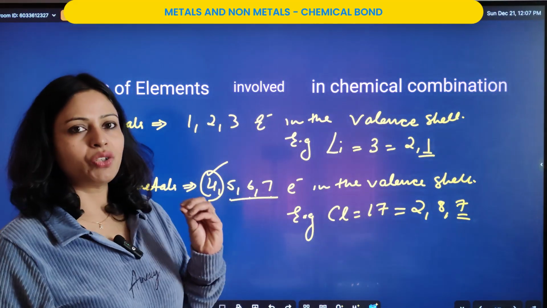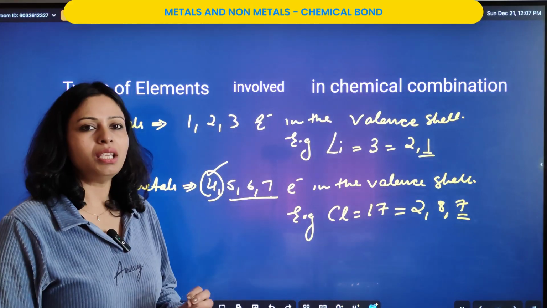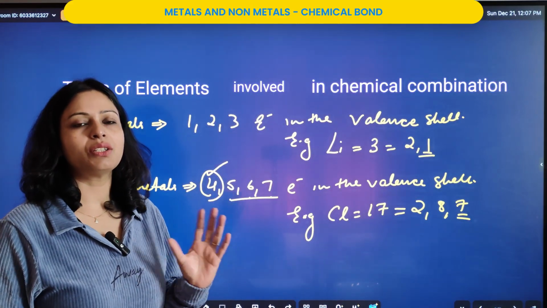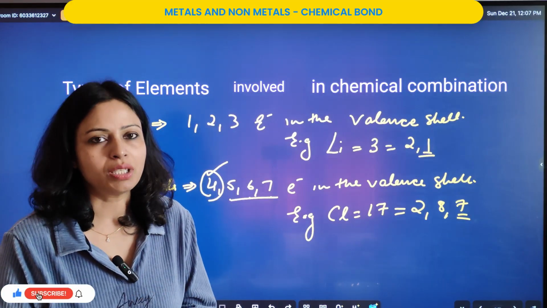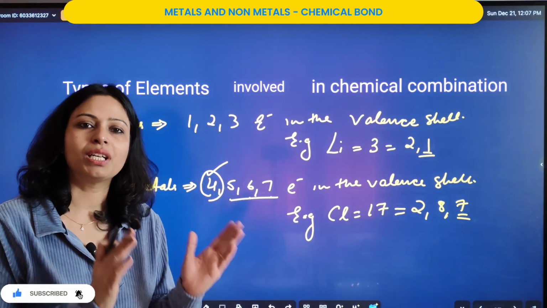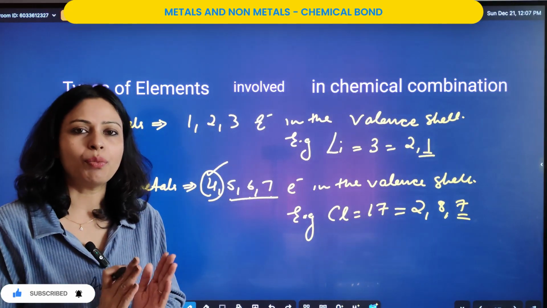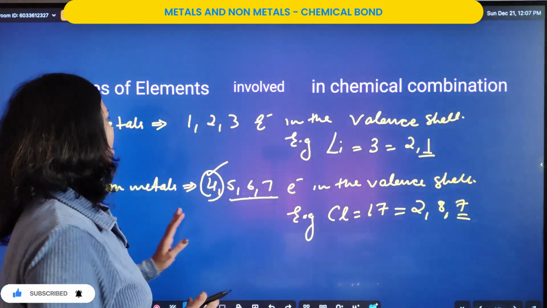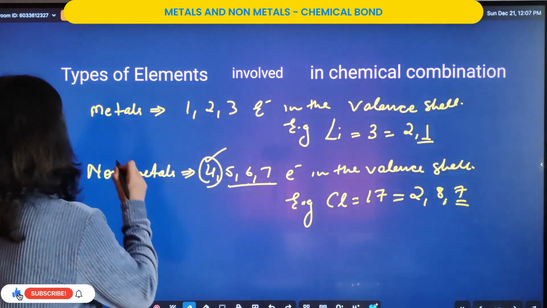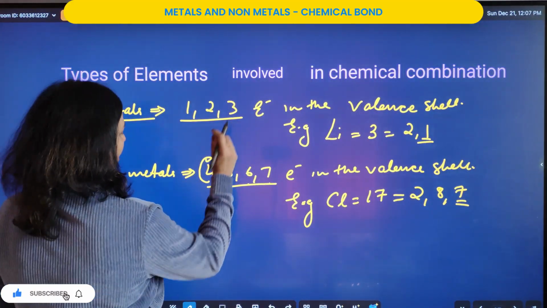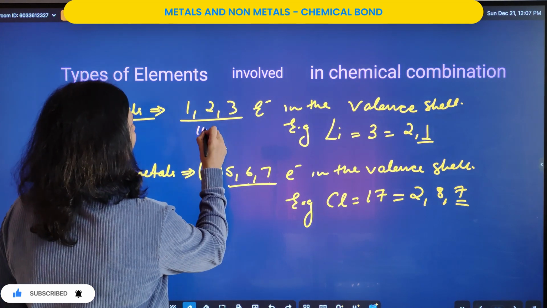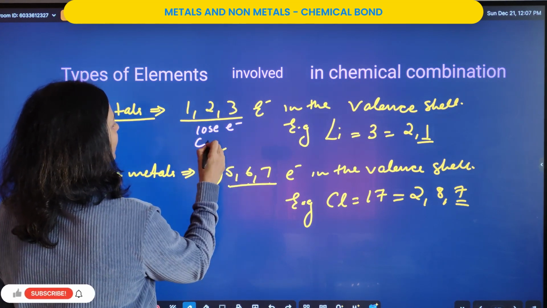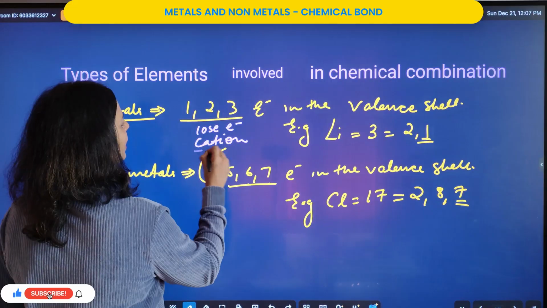The topic we are doing today is the reaction between metals and non-metals. What bond formation happens between metals and non-metals to form a compound? How do metals and non-metals react to form a stable compound? Metals, having 1, 2, 3 electrons, always lose electrons and form cations.